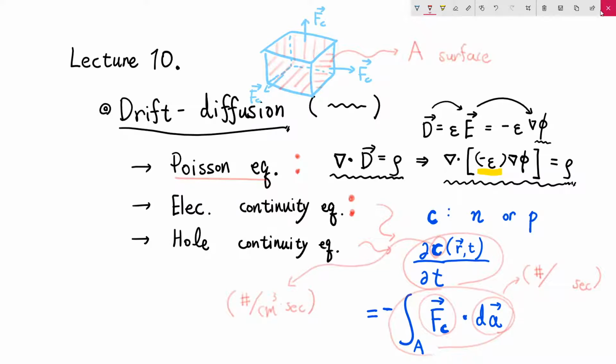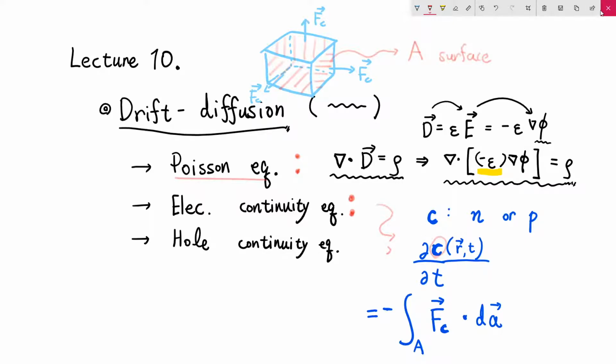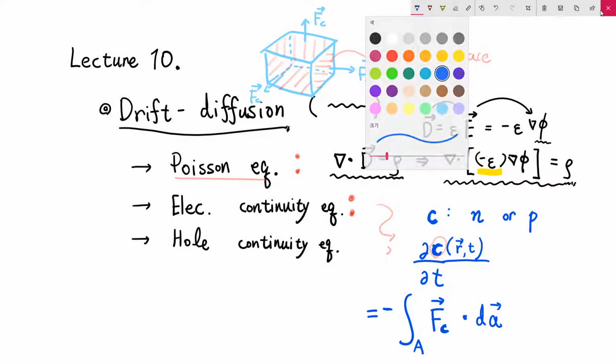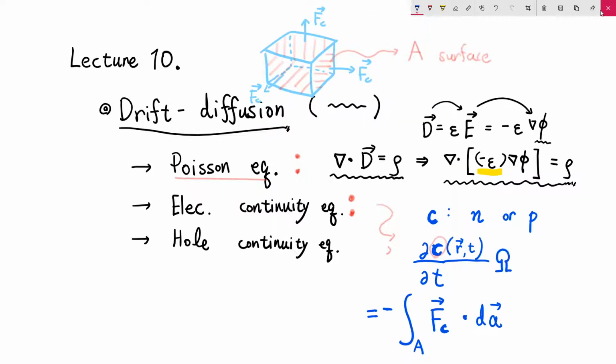Then what is the difference? Here, on the left hand side, we have an additional per volume quantity. We have considered a small box in the right hand side term, and when we consider the left hand side, we have not considered such a box. So we have to consider here the volume of our box.